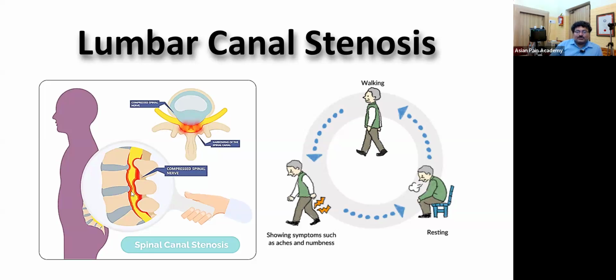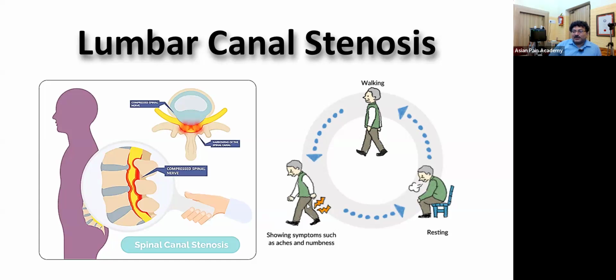So what happens in those conditions? Remember, these patients usually have a symptom known as neurogenic claudication. That means when the patient, usually an aged patient, because it happens in aged patients, starts walking, after some time the patient starts feeling numbness in the lower limb.